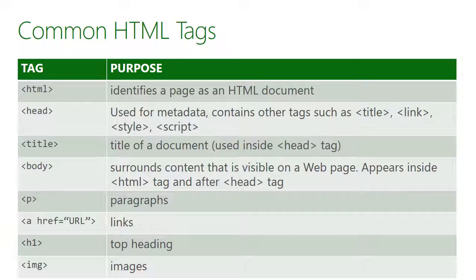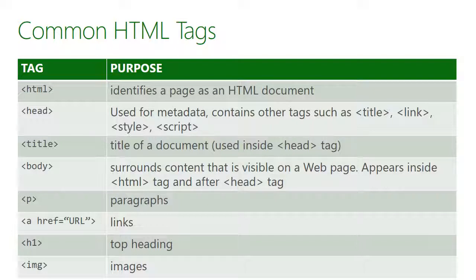A few common HTML tags just to have a quick look at. HTML, which identifies the page as an HTML document. Head, which is used to contain or nest the metadata. It will contain other tags such as title, link, style and script. Title is the title of the document, which is used inside the head tag.